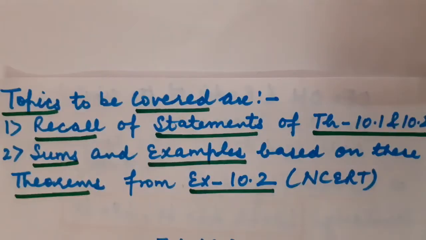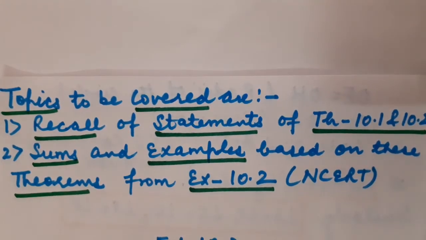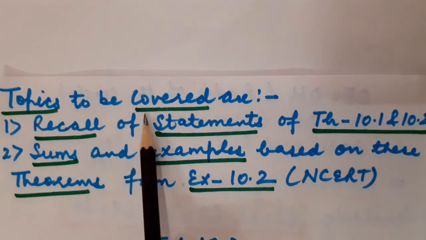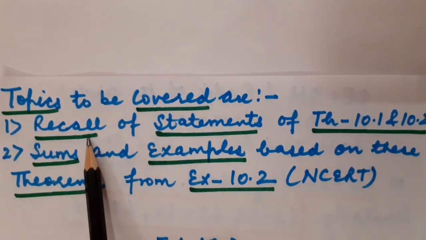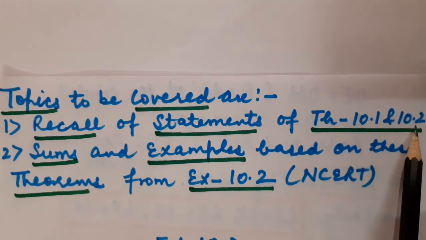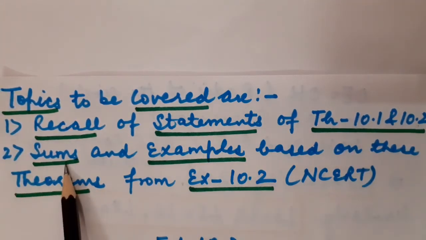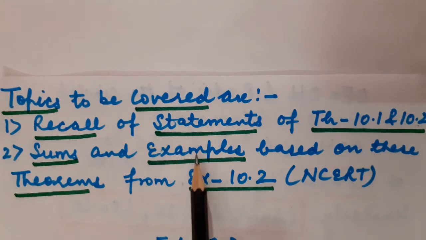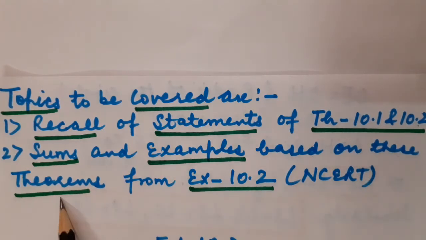Okay children, in today's last lecture of chapter number 10, circles, the topics I am going to cover are: first, I will make you recall the statements of theorem 10.1 and theorem 10.2, which we did in our previous lectures. After that, only one question from 10.2 is left, and along with it, I will be taking the most important examples based on these very theorems.